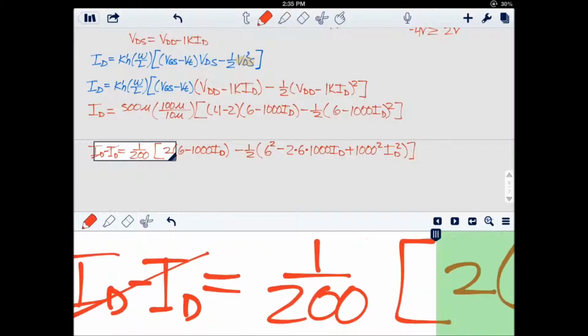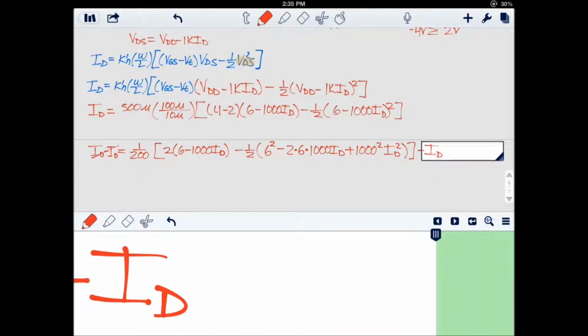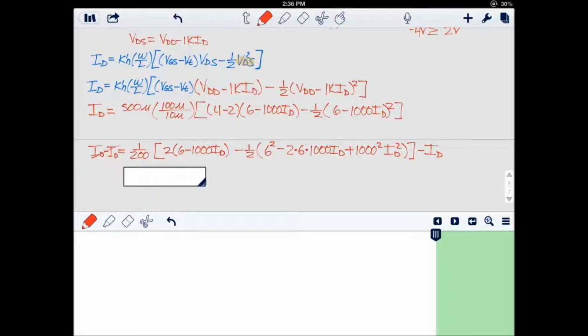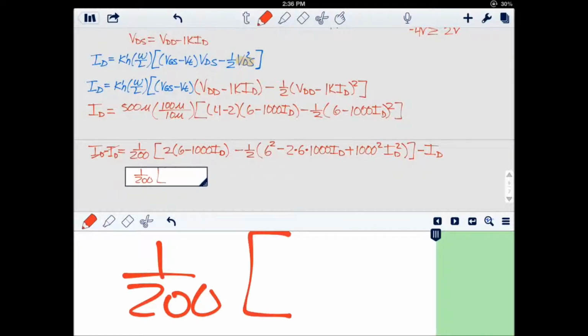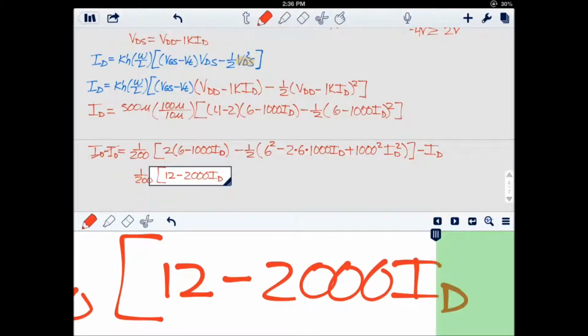So this could cancel, and we pass it here. 2 times 6 is 12 minus 2,000 ID.